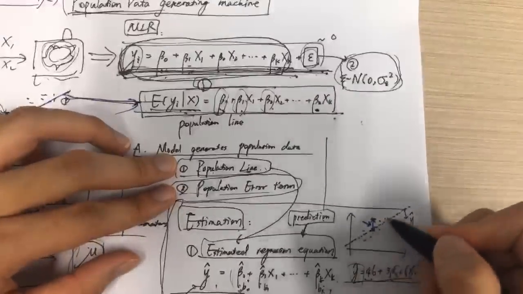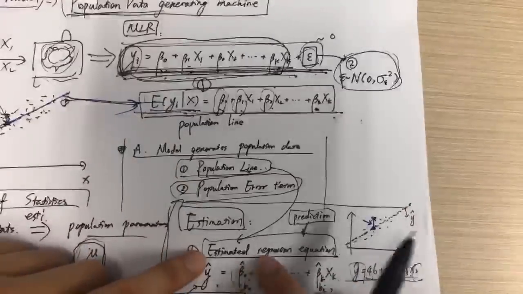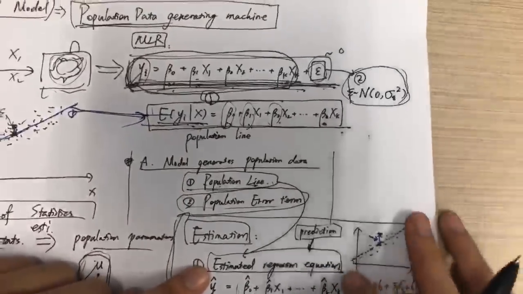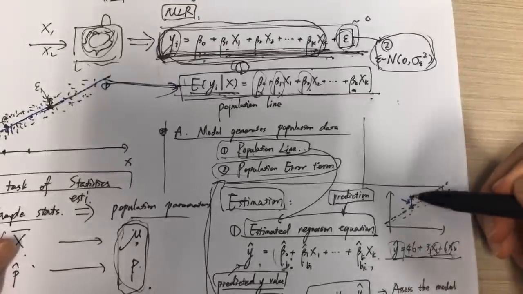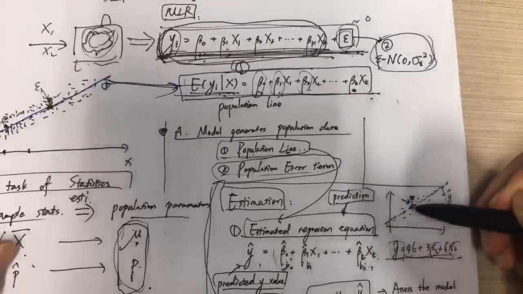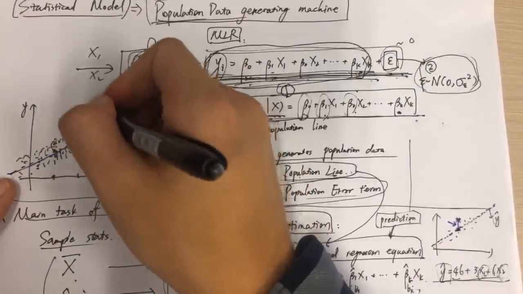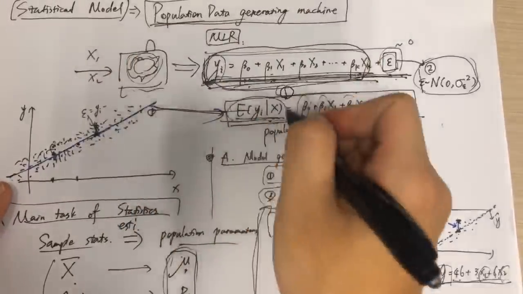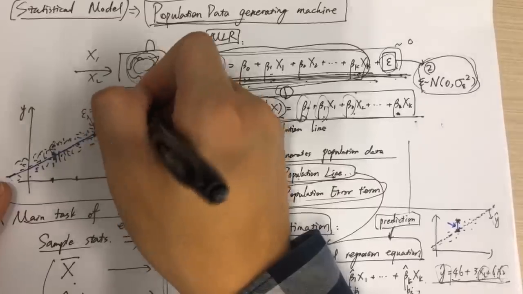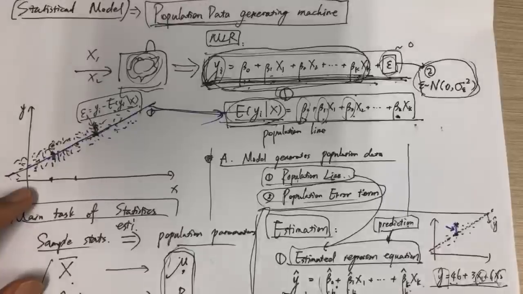The first part is the straight line. The sample straight line or estimated regression equation is an estimation of this population expectation line. And the difference between the actual value and the y hat is the estimation of the population error term. Actually, the error term can be calculated by the actual y minus this E(Y_i) given any X.